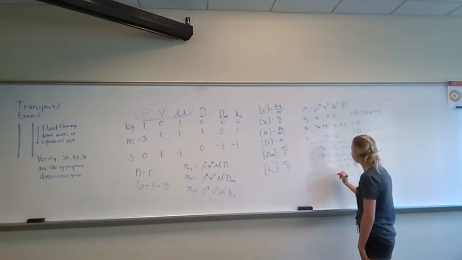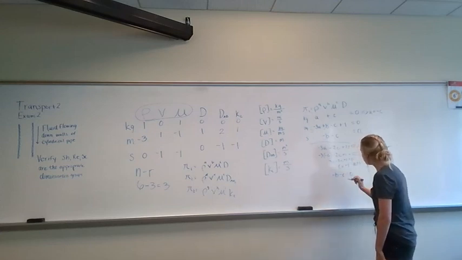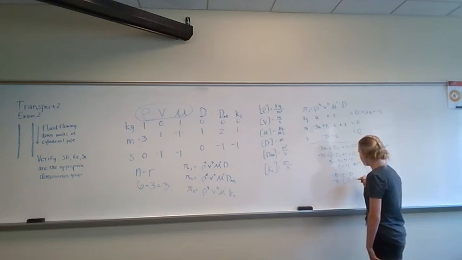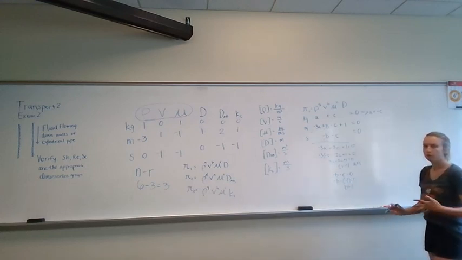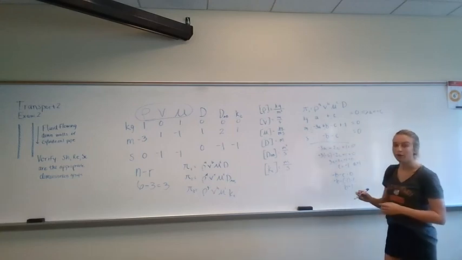And then -B minus C equals 0. So -B minus -1 is equal to 0. B is equal to 1. So then we will plug in these exponents that we solved for into this pi1 equation.